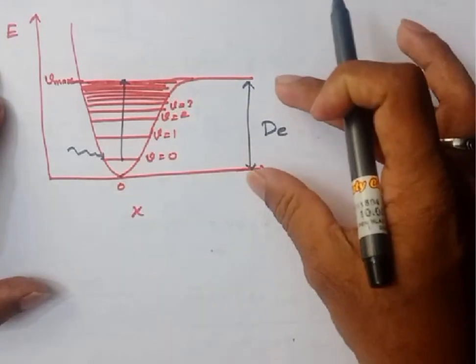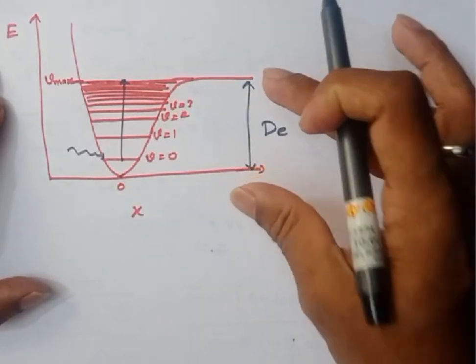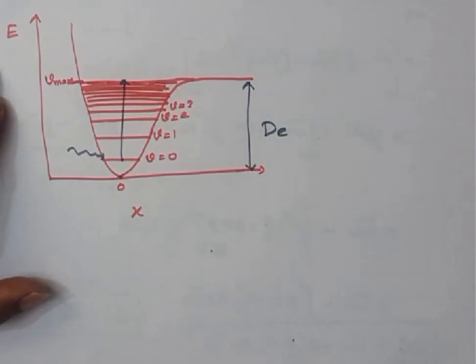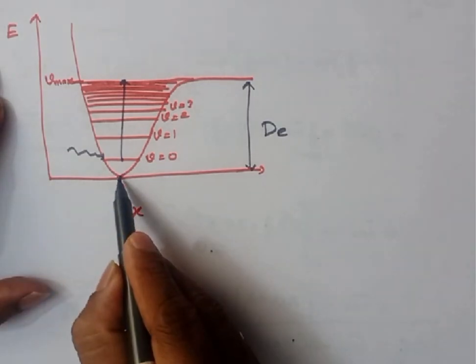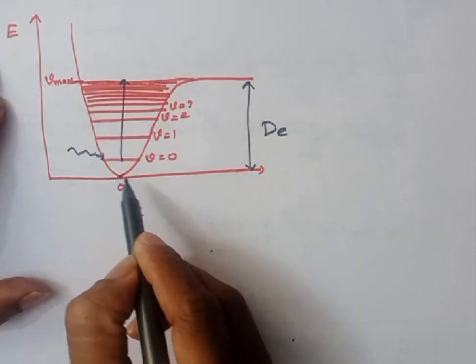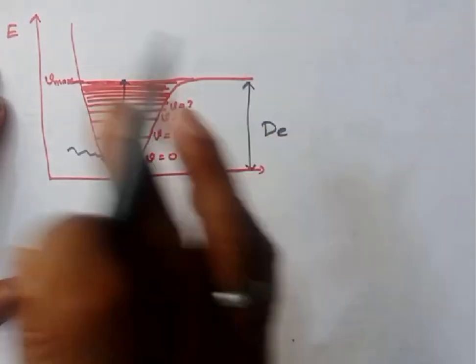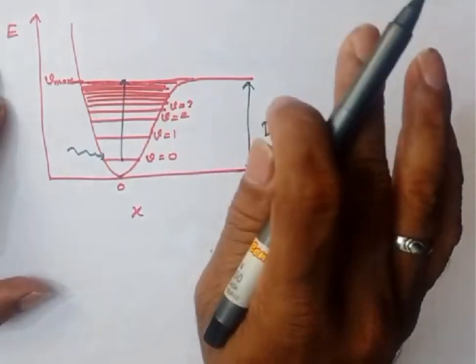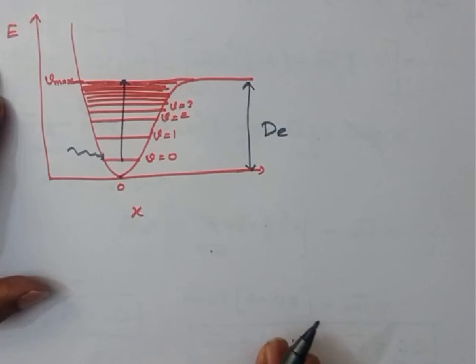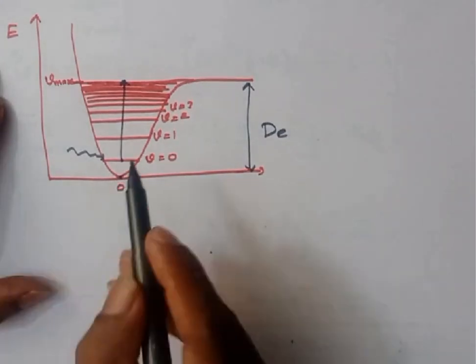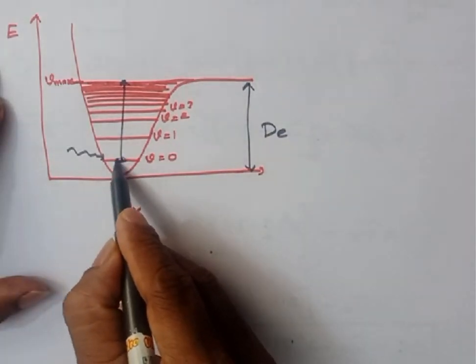I can find this dissociation energy directly from spectroscopy. Students, observe this carefully. Suppose the molecule is present at this point. If I pass appropriate radiation, the molecule absorbs the energy and goes here, and we can find the dissociation energy from the spectrum itself. But this is the lowest energy possible for the molecule.